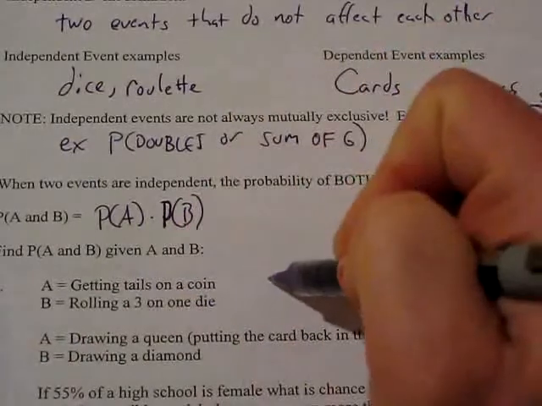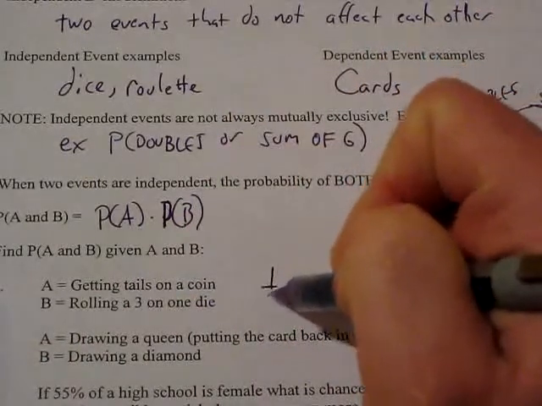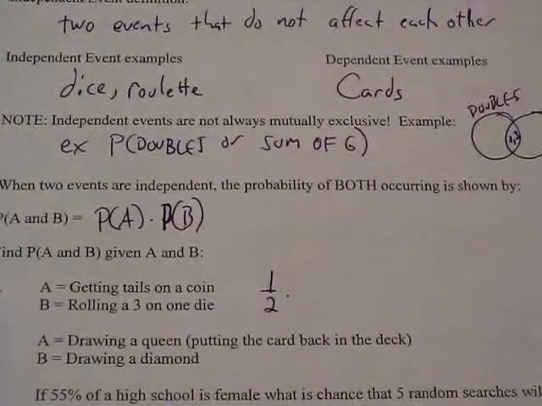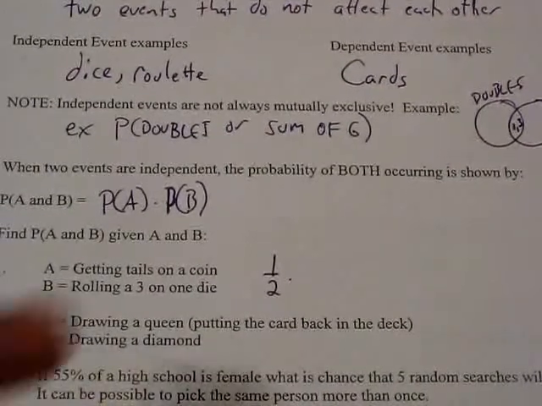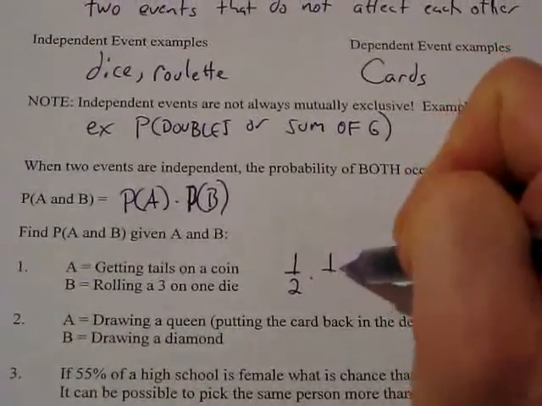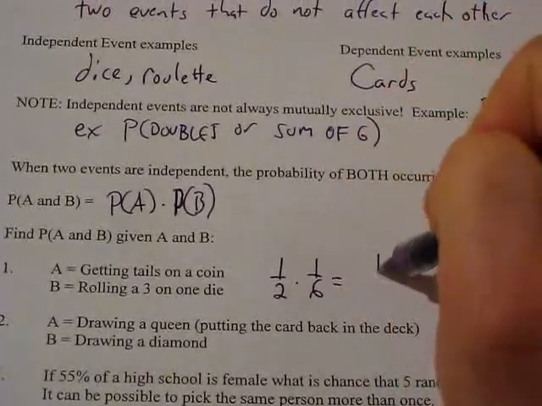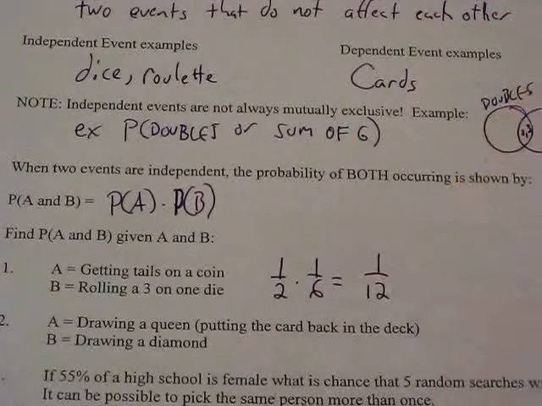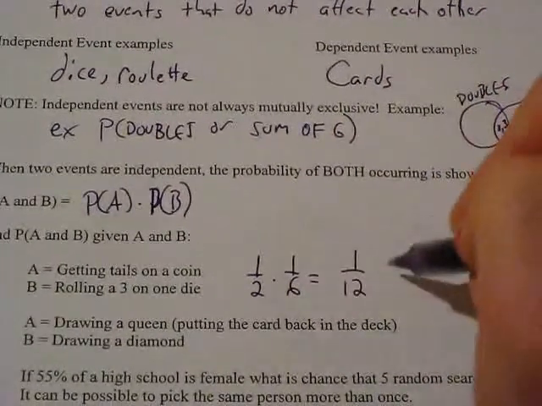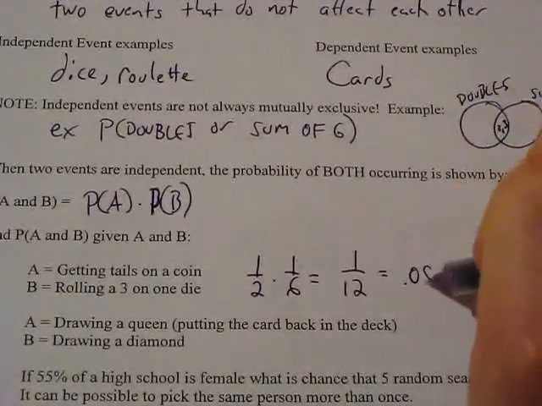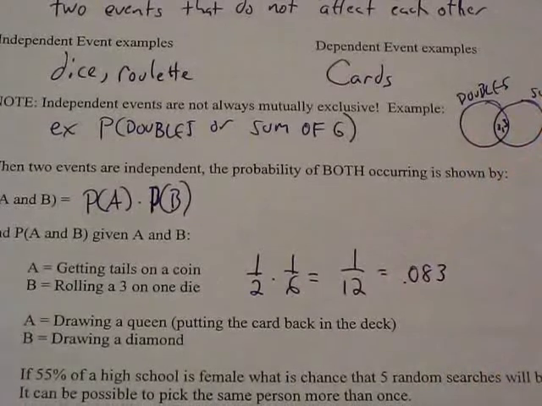Getting tails on a coin, the probability of A is 1/2, and getting a 3 on one die, since there's only one 3 on that die, is 1 out of 6. Multiplying fractions, not a problem. Top times top, bottom times bottom, 1/12. You can turn that into a decimal, which is approximately 8.3% or 83 thousandths.